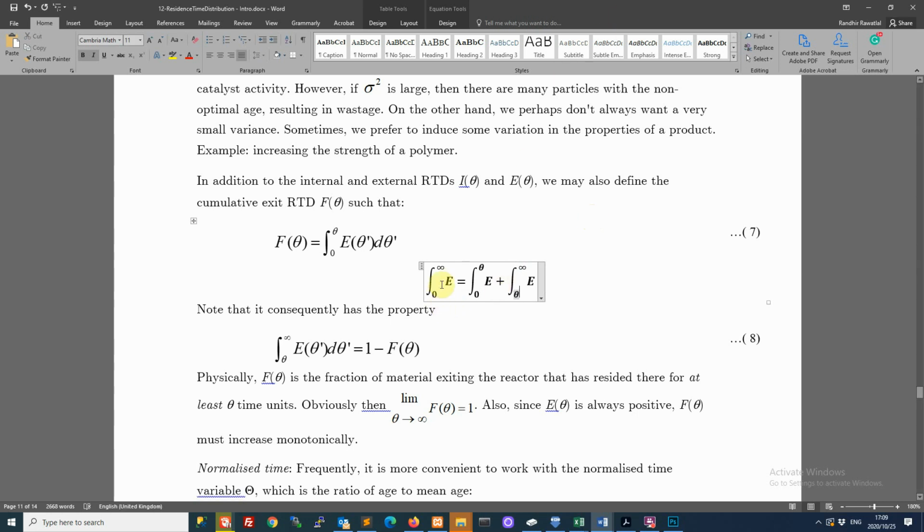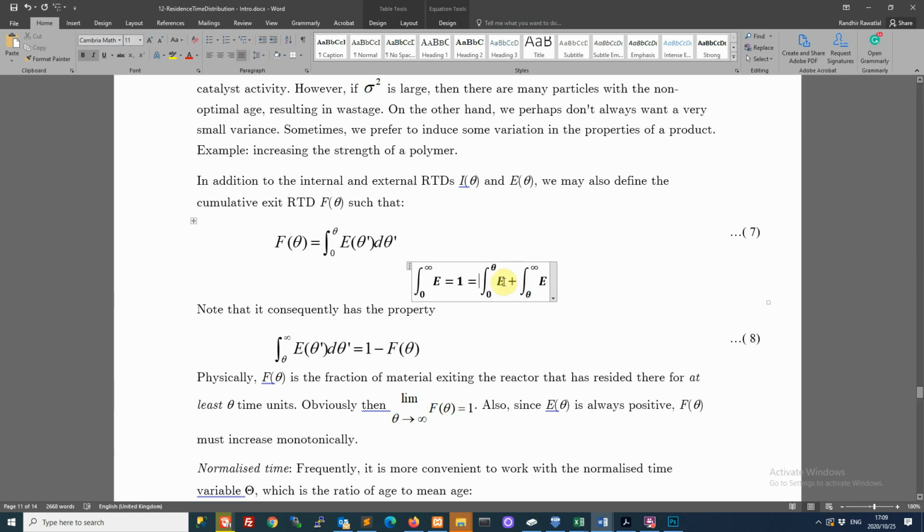So we are going from naught to infinity, and we could simply interrupt this integration. Instead of going straight from naught to infinity, we can go naught to theta and then theta to infinity. We know that's valid. Now, if we are integrating all possible fractions, all possible ages are naught to infinity. So if we add up all possible fractions, then that must simply be 1. So 1 equals that.